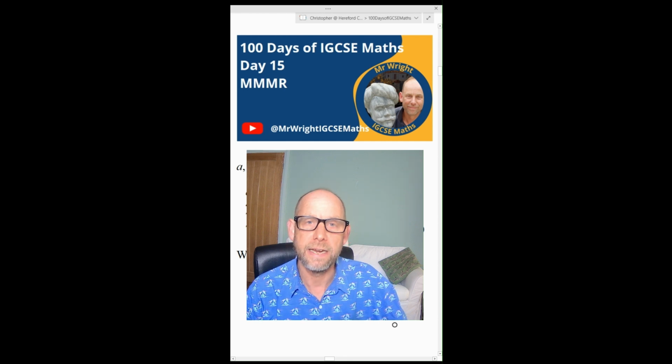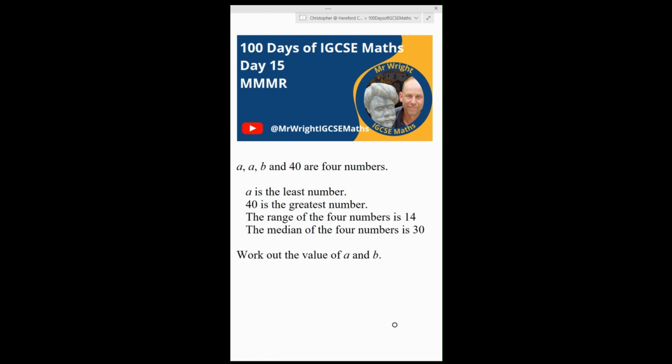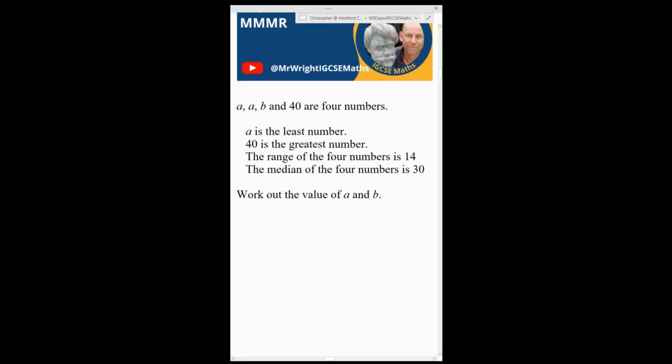Day 15, mean, median, mode, and range. Pause now if you'd like to do the question before me. Right, so you've got 4 numbers. You know the first 2 are the same because they're both A's. 40 is the 4th number. Okay, the range of the numbers is 14. Well, that means that this one must be 26 because the difference between the largest and the smallest must be 14.